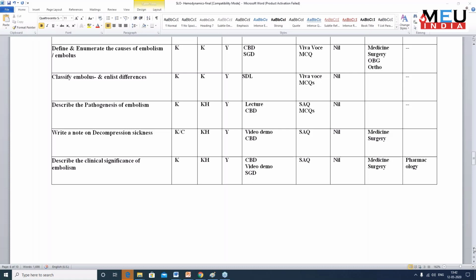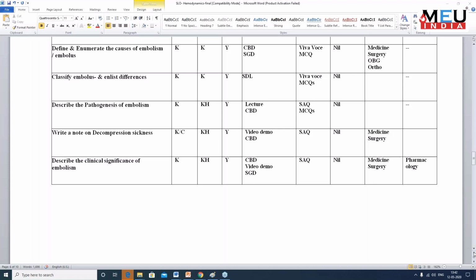Here, all the clinical scenarios that you have utilized till now, either a female post-pregnancy or a fracture of femur case, or we can take a scuba diving case. All these case scenarios can be used here to enumerate or elaborate on the clinical significance of embolism.